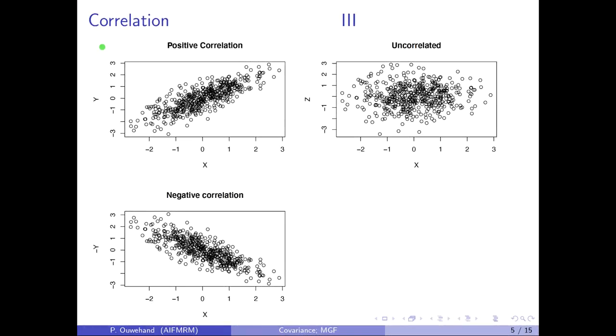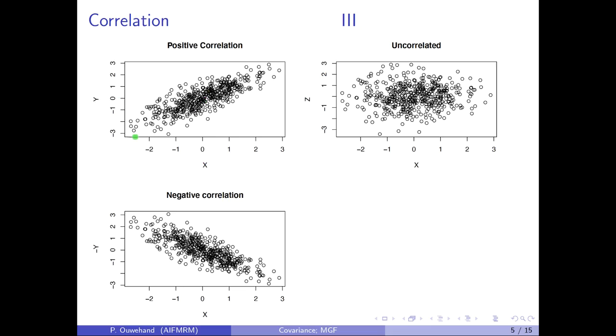Let's build some intuition about correlation and covariance. Here we have a reasonably large sample of points drawn from the distributions of a random variable x and a random variable y. These are plotted as a scatter plot. As you can see, the random variable x is concentrated near 0, in other words its mean is 0, and the same is true for the random variable y.